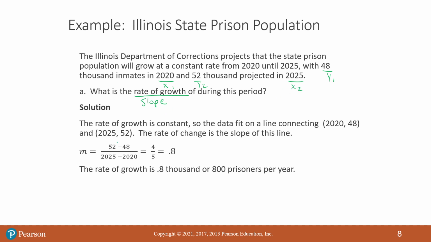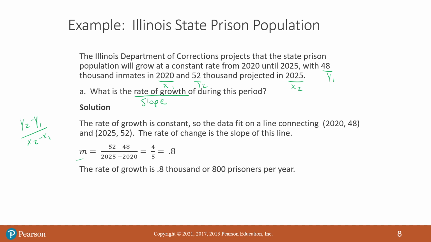Now we simply use our slope formula. Remember, Y2 minus Y1 over X2 minus X1. That's where we get the formula that they have here. 52 minus 48, that's your Y2 minus your Y1, over 2025 minus 2020, sorry.